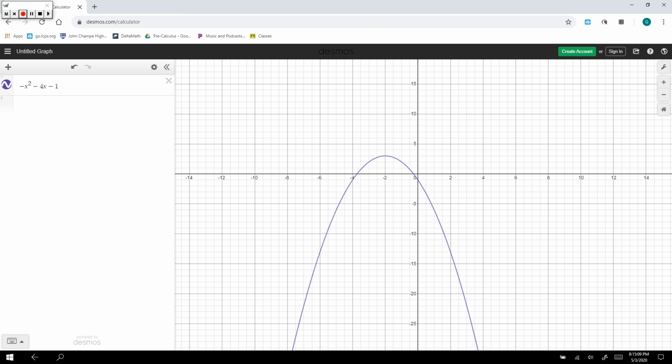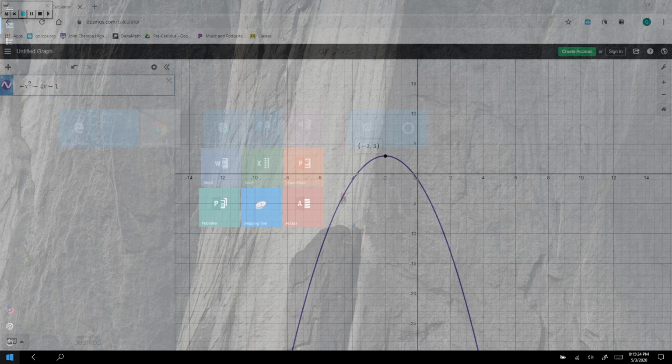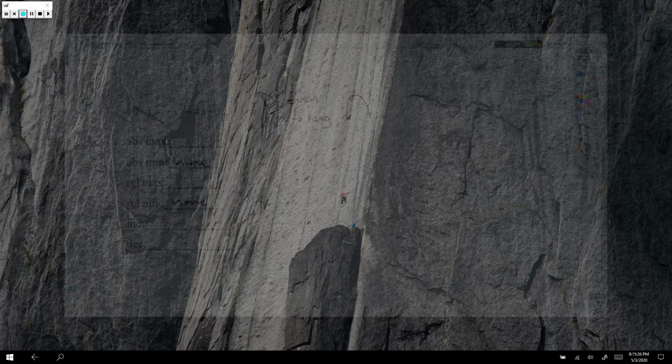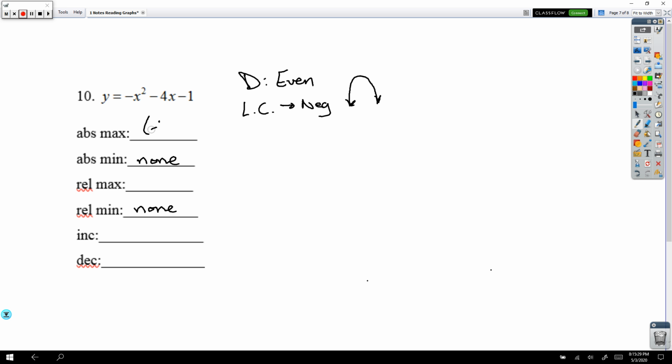Alright, that absolute maximum happens right there. And that's at the ordered pair, negative 2, 3. Okay, so left side of negative 2, we're increasing, right side, decreasing. So absolute maximum, negative 2, 3. That's also my relative maximum.